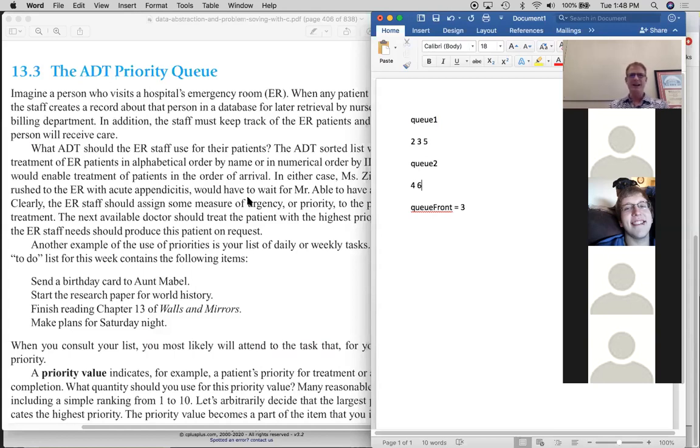Instead, it's the item in the queue that has the highest priority. So when you enter something into the queue, you give that item a priority so that the priority queue abstract data type knows what item to return when you ask for the next item. Anybody want to ask a question about that or have me say that again?